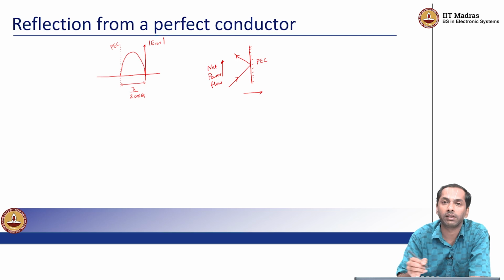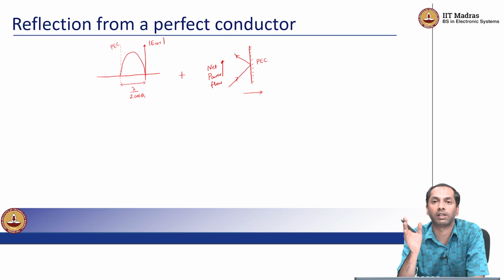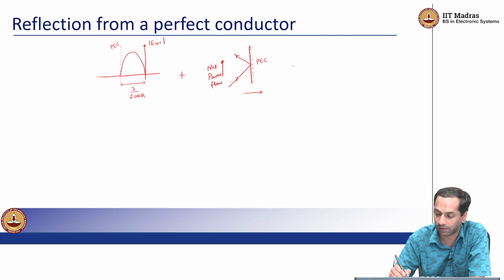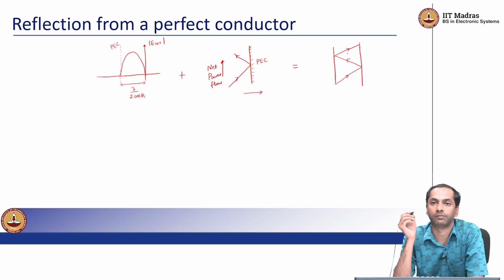So, if I were to combine these two ideas, right, that there is a net power flow in the positive x direction, and that if I were to place a second perfectly electrical conductor a certain very specific distance away of lambda by 2 cos theta I, I can actually have a very well defined power flow in the positive x direction, right, a confined power flow, which essentially can be thought of as continuously bouncing between the walls, right.